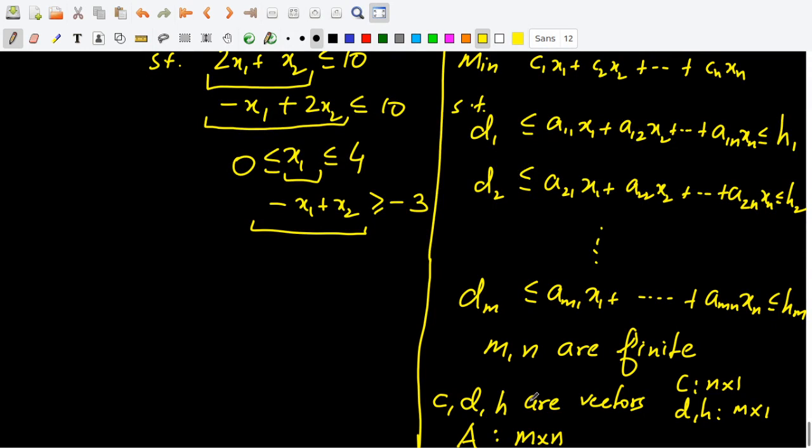Sometimes we also have, in addition to these constraints, bounds on variables. So I may have l1 less than or equal to x1 less than or equal to u1, l2 less than or equal to x2 less than or equal to u2.